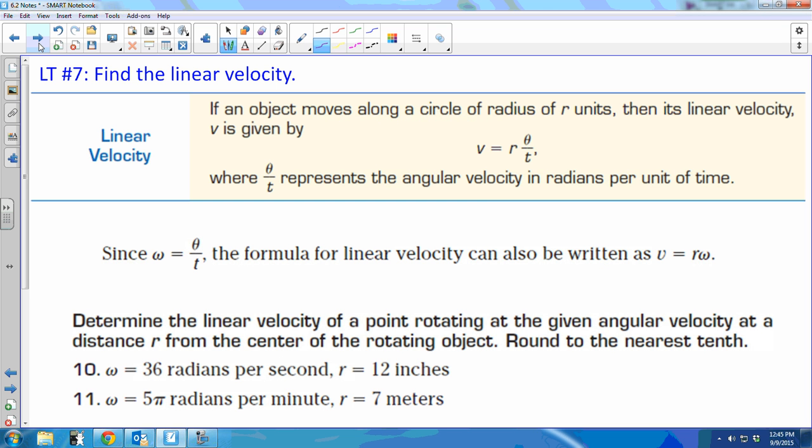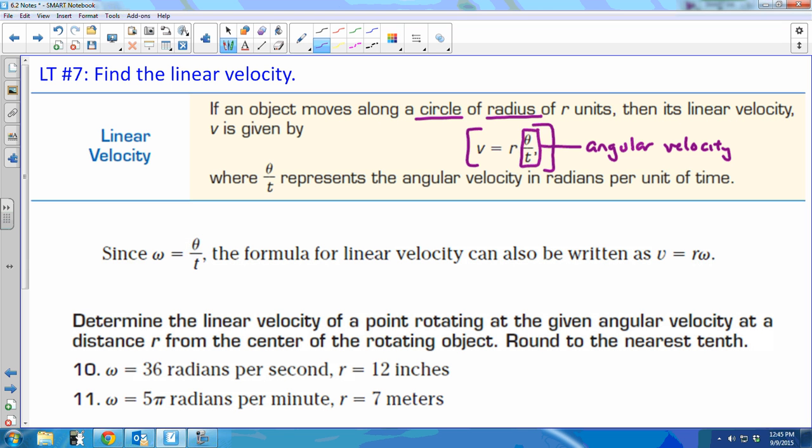So we have this formula for linear velocity: v equals r, which is the radius of the circle, because we need to know how large that circle is. It makes a difference about how far an object has gone. Then you have theta over t, which should look really familiar because that was the formula for angular velocity in the last learning target.